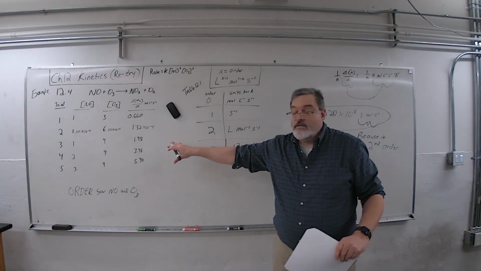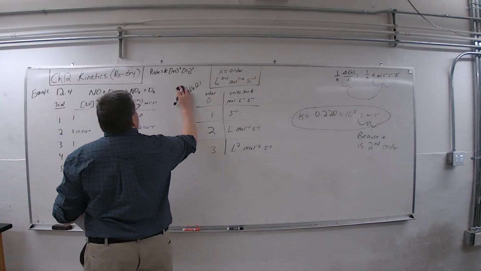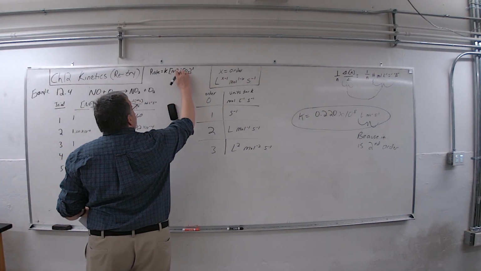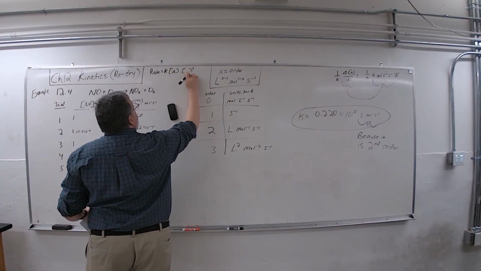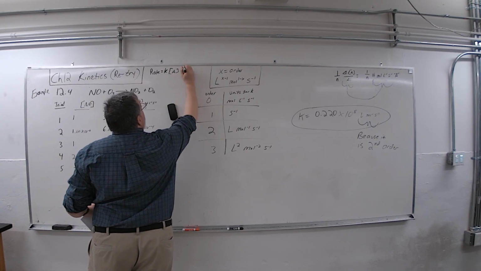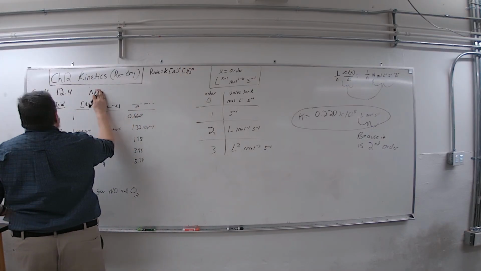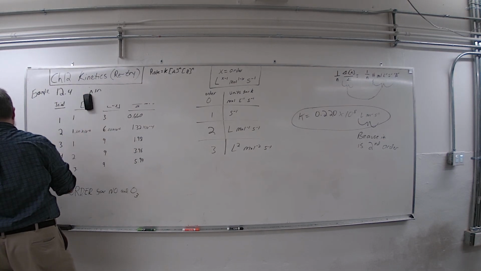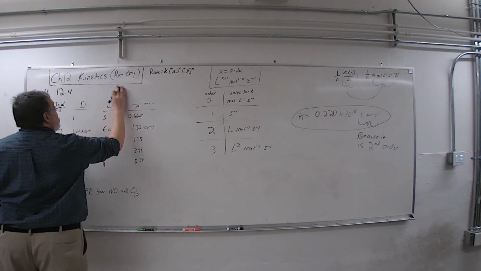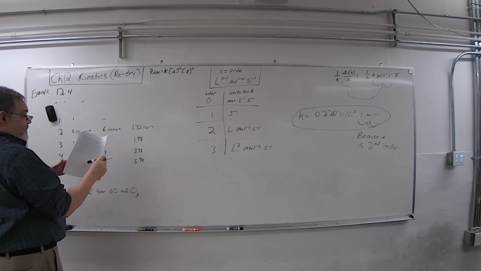Let's do another one of these. K. This is the general formula. This is actually the check you're learning, I think, from 12.4.